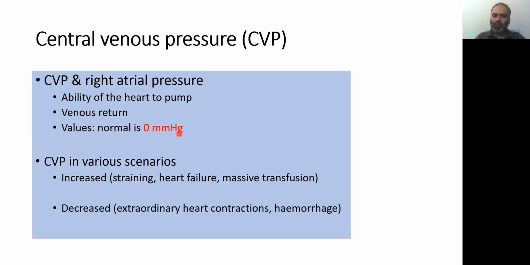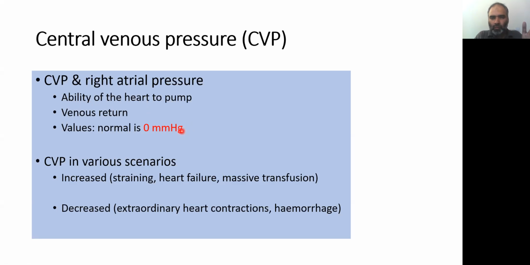Why do you think it is around zero? What is this ability of the heart to pump? So the heart is continuously pumping. Okay. So the right tricuspid valve is actually the reference point of this whole system. It keeps on draining your right atrium, the blood into the right ventricle, and it's pumped off to the lungs.